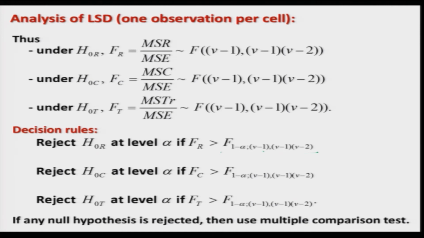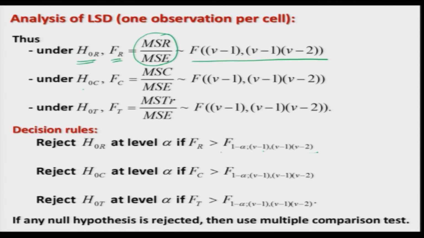Now the statistic for the test of hypothesis for H naught R is going to be F_R, which is the ratio of mean square due to rows divided by mean square due to error. That will follow an F distribution with v minus 1 and (v minus 1)(v minus 2) degrees of freedom, and this is going to be a central F distribution under H naught.